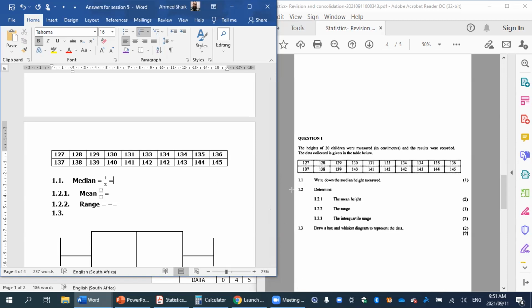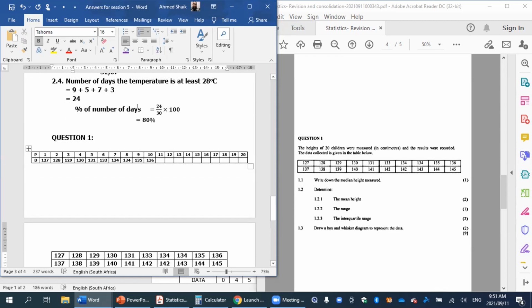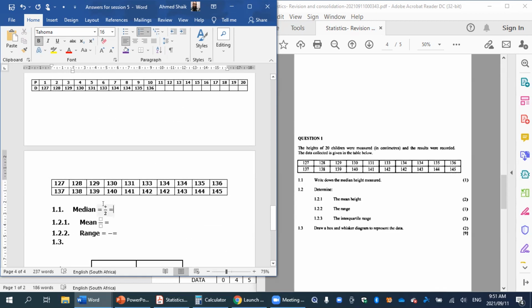Now, remember, in order for us to calculate the median height, we need to establish Q2. And we've already established how many values are in our data set. We have 20 data values. So N is 20 plus 1 over 2. And that's 21 over 2, which is equal to 10.5.